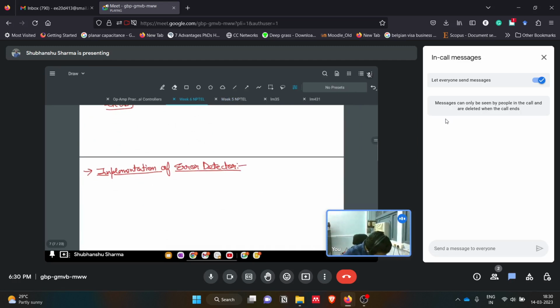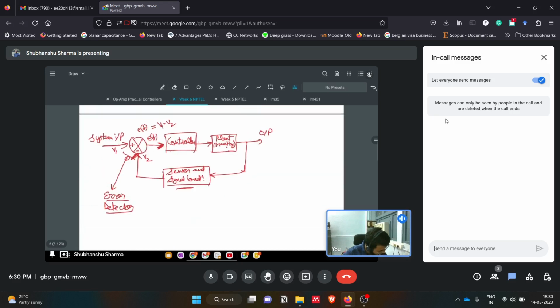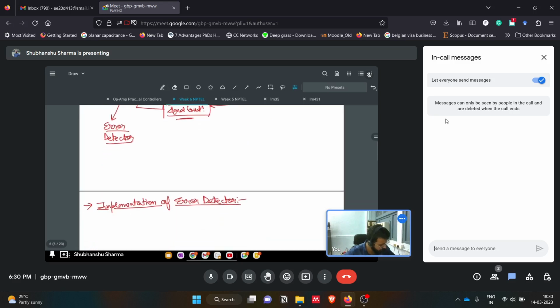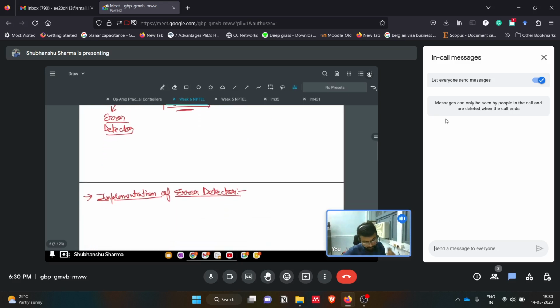For that, we can see that we are giving V1 input, and here we are giving V2. We are subtracting the V2 input from V1. So how can we realize this? If we recall, we have used many summer amplifiers using op amps.